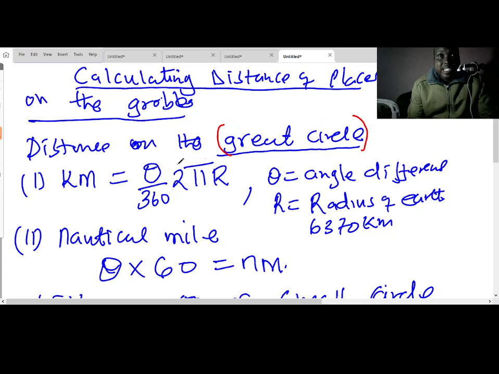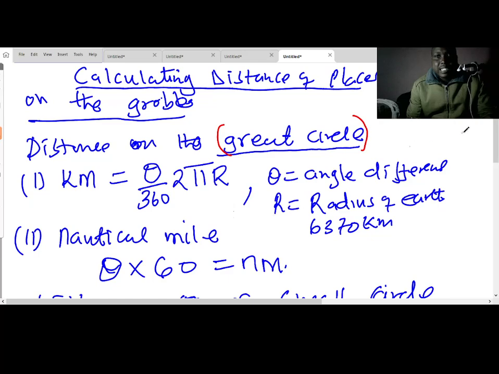To get the distance in kilometers on a great circle, the formula is theta over 360 times 2 pi r. What is theta? Theta is the angle difference, because I have told you how to find the angle difference. And r is the radius, which is always given as 6370 kilometers, the radius of the earth.